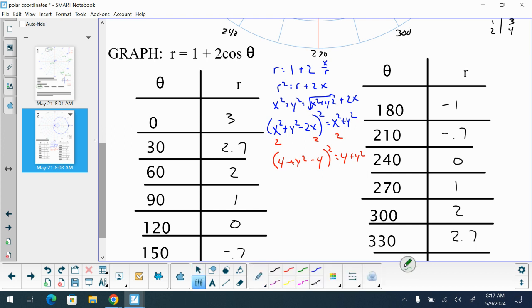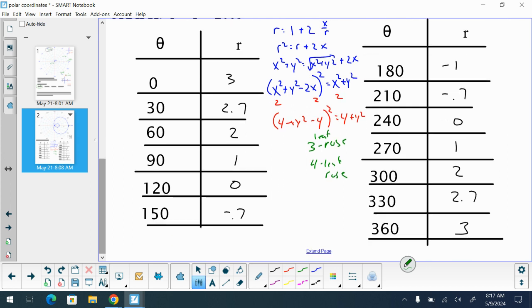Now, they also have names of things that you'll be graphing. When you get to the 3 leads and 4 leads rows, your values of theta that you want to substitute in, you're going to want to substitute in some intermediate values here.